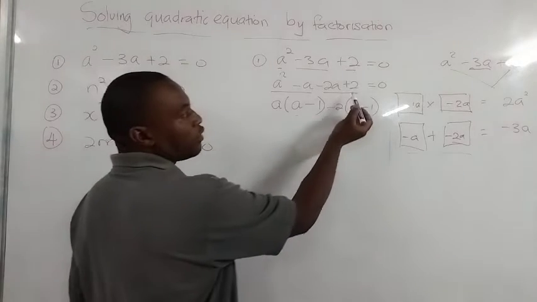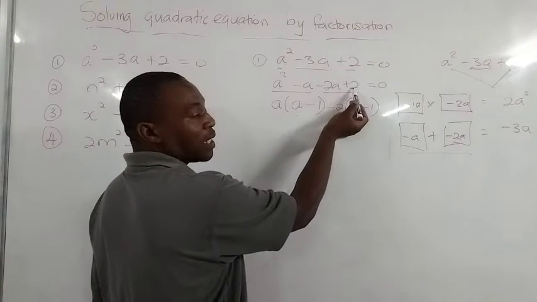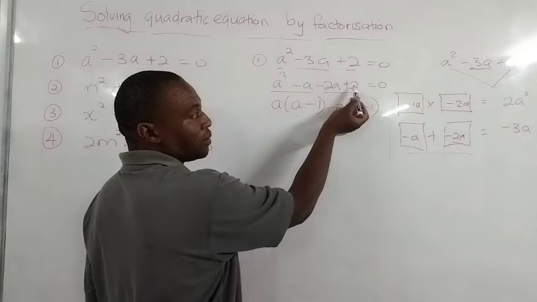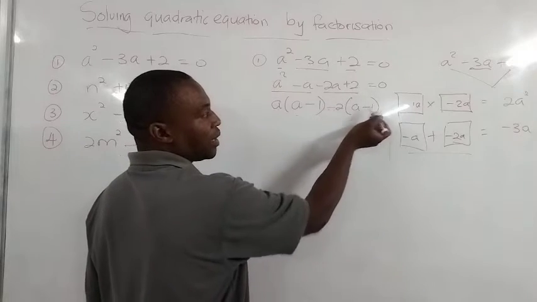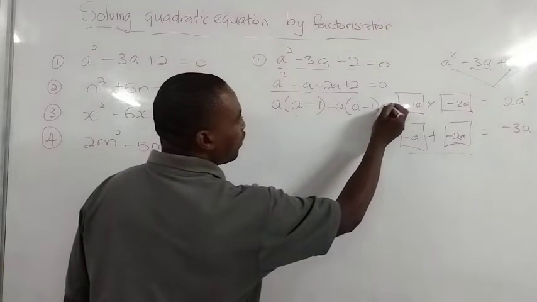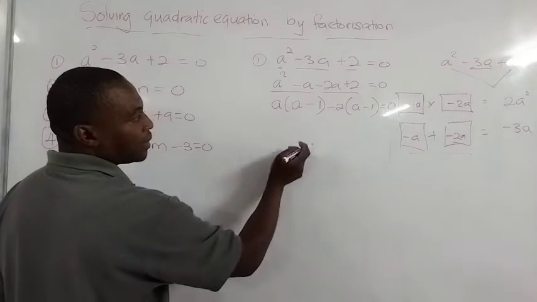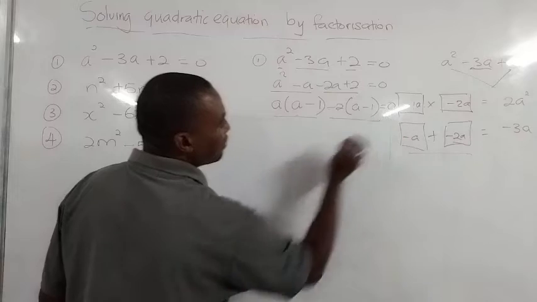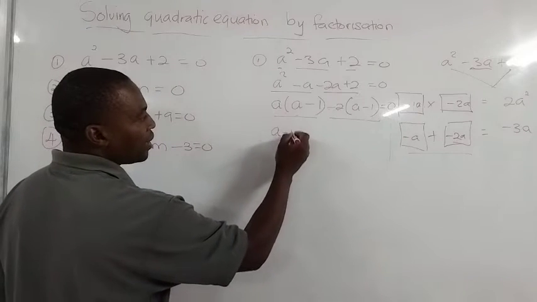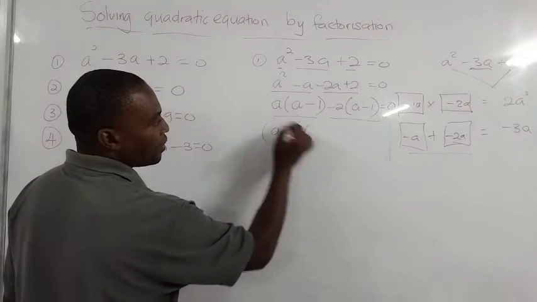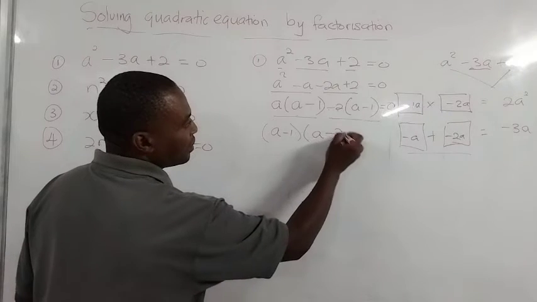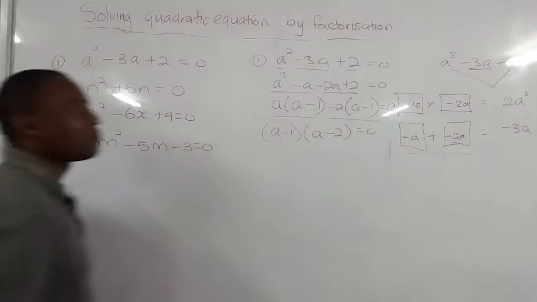And if you factor out negative 2, 2 divided by negative 2, you get negative 1. So don't forget, it's equal to 0. Then now you factor out this bracket on these 2 terms. So a minus 1, you remain with a minus 2 is equal to 0.